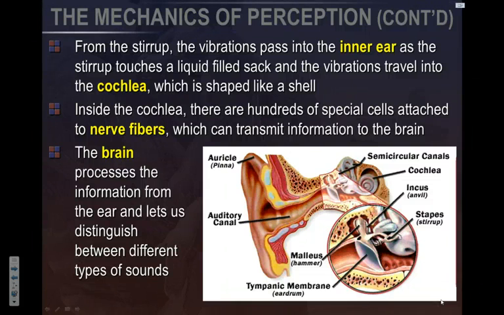And then those vibrations pass through to the inner ear along something called the cochlea, which is shaped very much like a shell. And it's attached to these fibers of nerve again. So the nerve fibers will generate electricity to pass along to the brain. The brain will then interpret that electricity into sound. Okay?